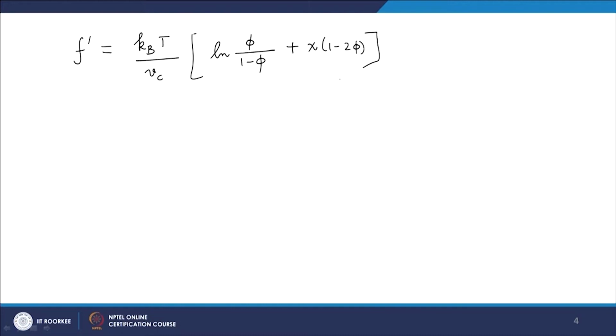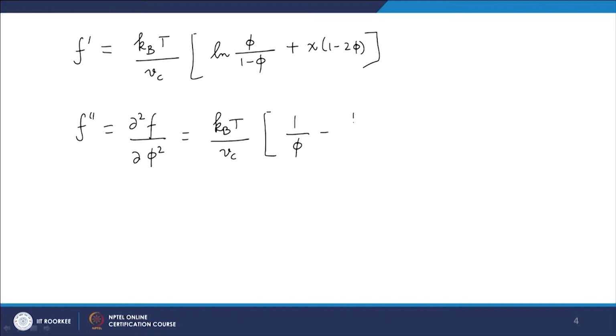So, f prime is ln phi by 1 minus phi plus chi times 1 minus 2 phi, and so if I am interested in the second derivative, that will be equal to 1 by phi minus of 1 by 1 minus phi, the minus will cancel, minus 2 chi.